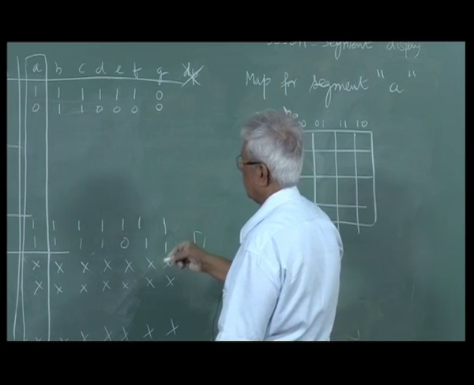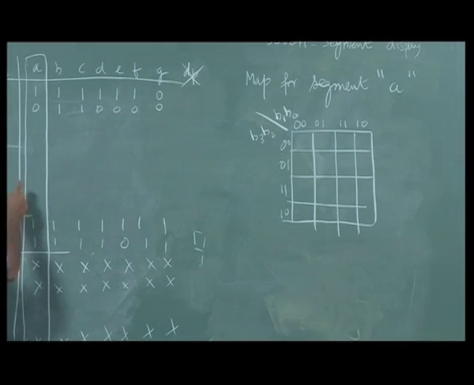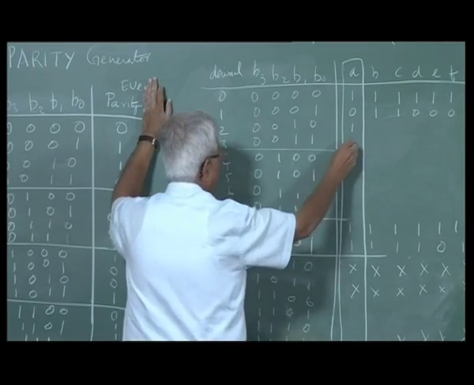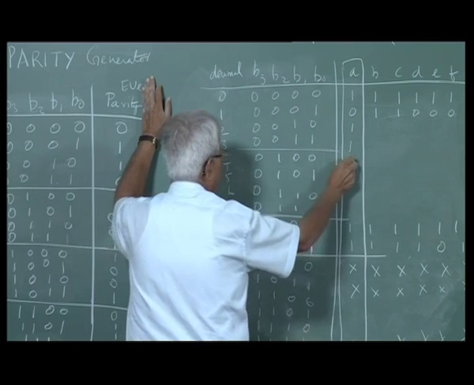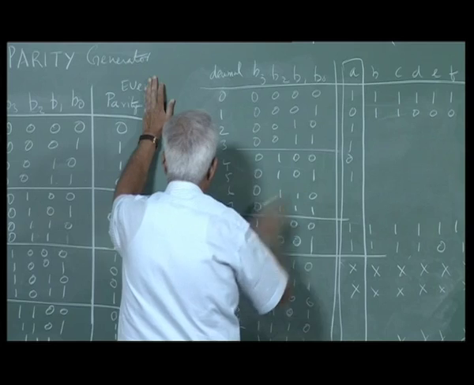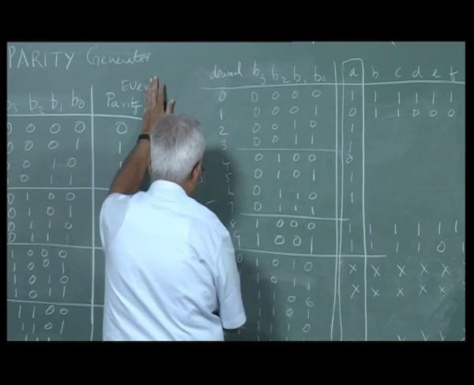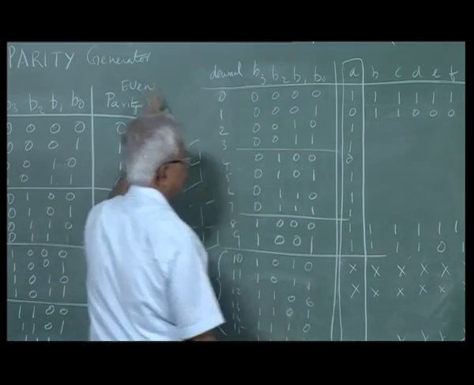So A will be 1 for 2, 3 A will be 1, 4 A will not be there, 5 A will be there, 6 A will be there if you write like this, 7 A will be there, 8 A will be there, 9 A will be there.